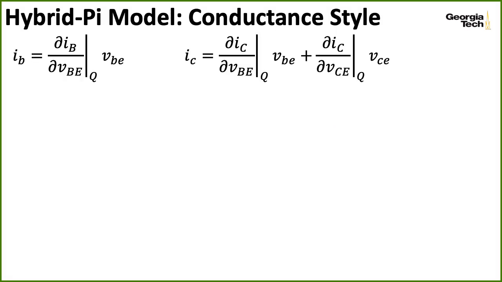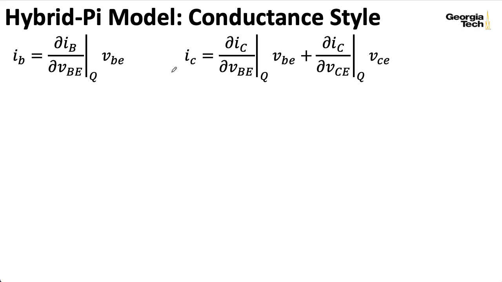So essentially we'll make some Taylor series arguments about the small signal quantities. We'll say that the small signal variation in the base current is equal to the small signal variation in the base to emitter voltage times the slope of the curve that describes how the base current varies with the base to emitter voltage, evaluated at some quiescent operating point, a Q point.